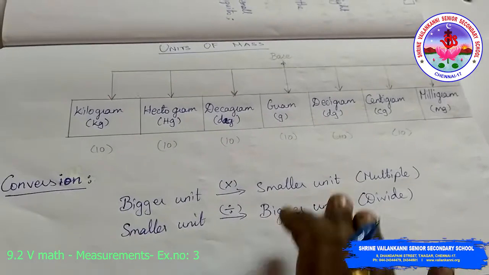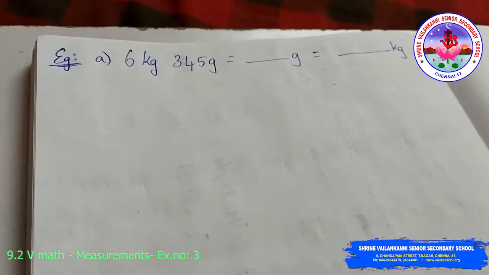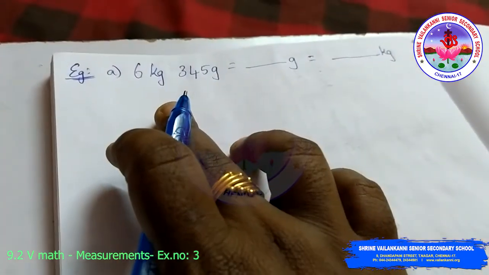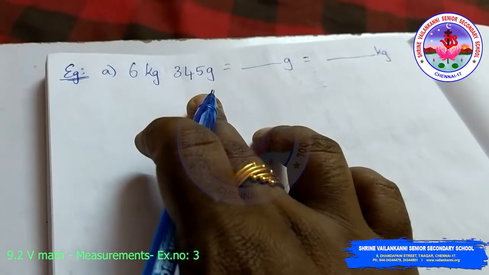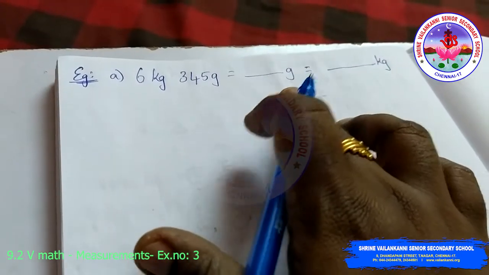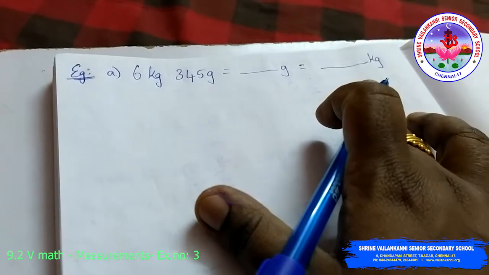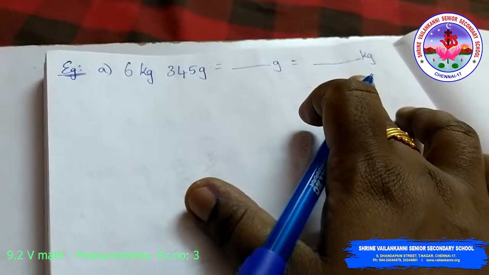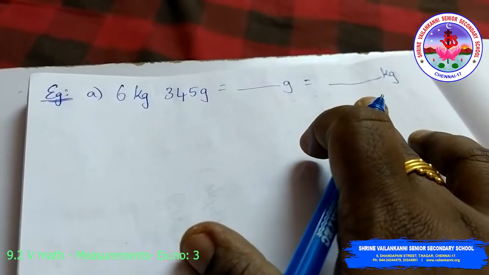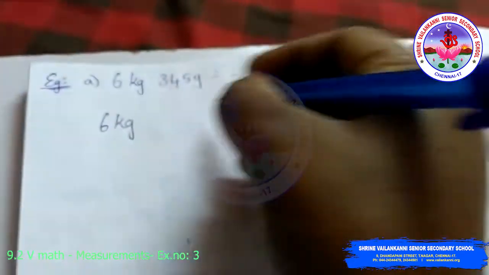To understand the conversion concept, I'll show you one example sum. The example I have taken is 6 kilogram 345 grams, which has to be converted to gram together, and after that we are going to convert it to kilogram. First I am going to convert to gram.